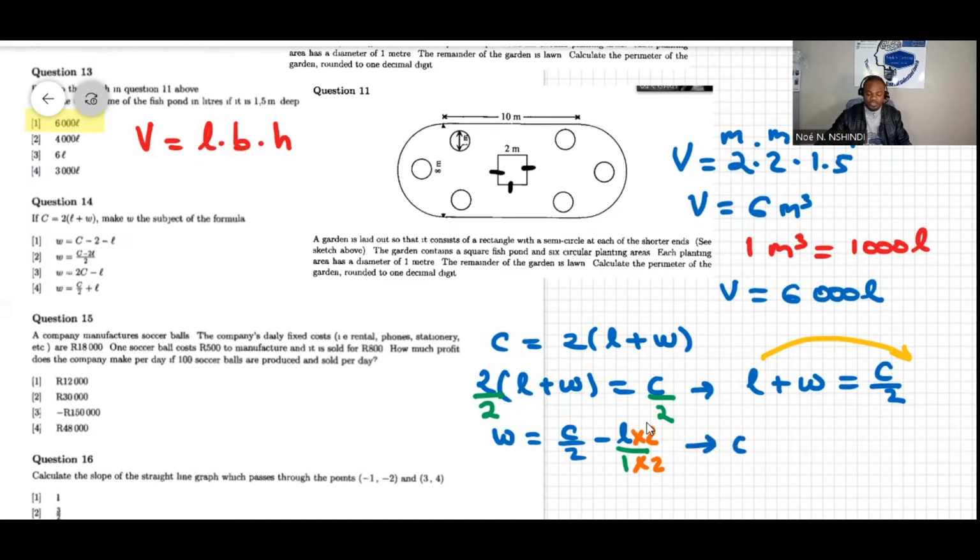So this will make W equal to C over 2 minus 2L over 2. Now that the denominators are common, we can combine them into the same fraction. So this will be C minus 2L over 2, which is alternative 2. That was question 14.